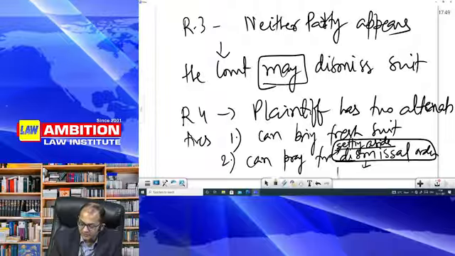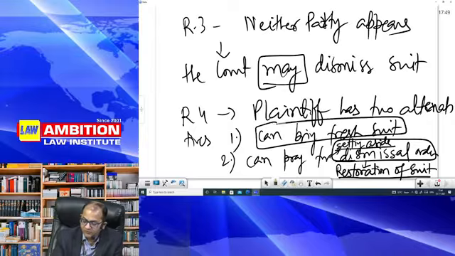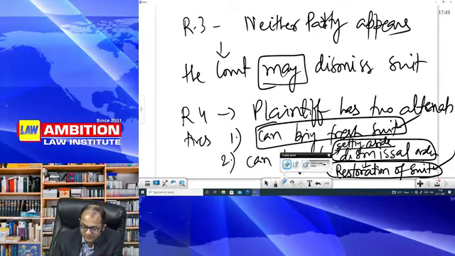Setting aside the dismissal order means he may pray for restoration of the suit. So he can bring a fresh suit or can pray for restoration of the suit. Which is the better recourse? Is this clear?